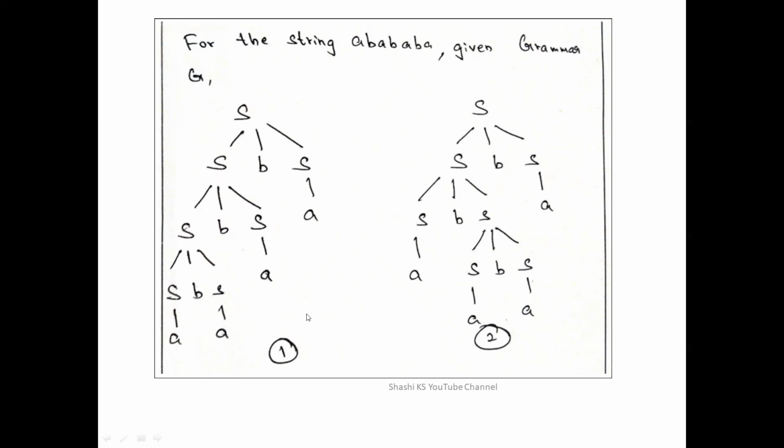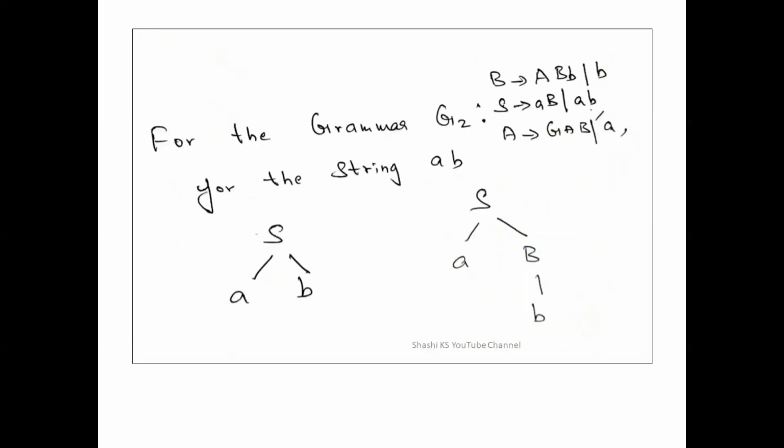So I am able to get two different parse trees for the given productions of the grammar for this particular string. So since I'm able to get two different parse trees, the first grammar is an ambiguous grammar.